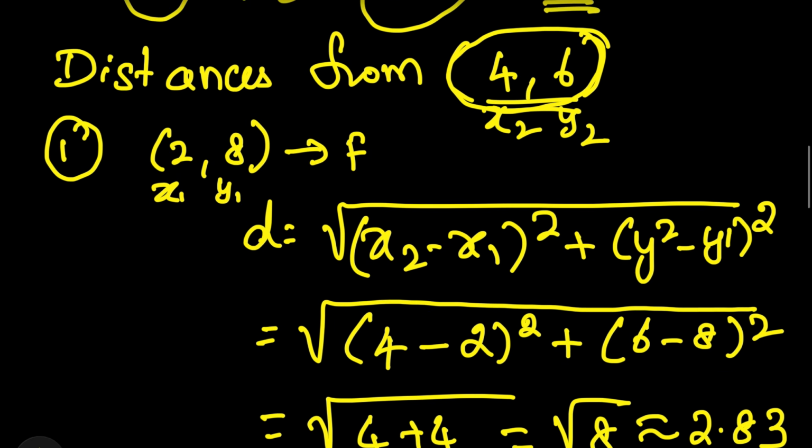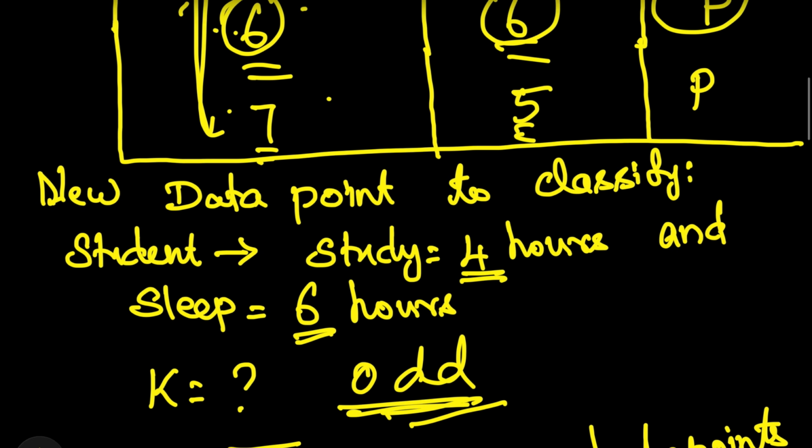So we have 2 steps. First we have to find the distance, and second, after finding the distance, you will consolidate and find the k nearest neighbors, and from those k nearest neighbors you will find the majority voting. Whichever label is found in the majority voting will be frozen as the classified result for the given sample. So now I have 4 and 6 as the data sample. They have given the student with study equals 4 hours and sleep equal to 6 hours.